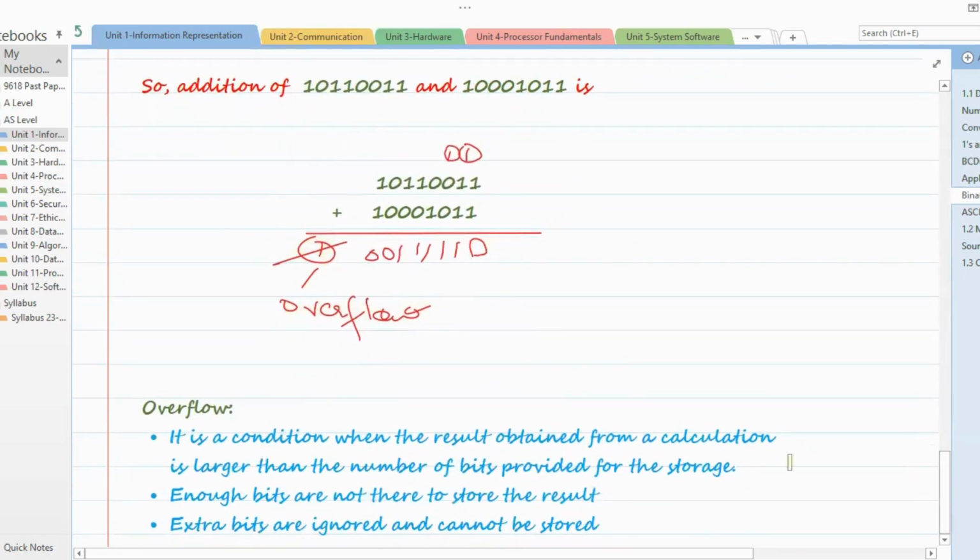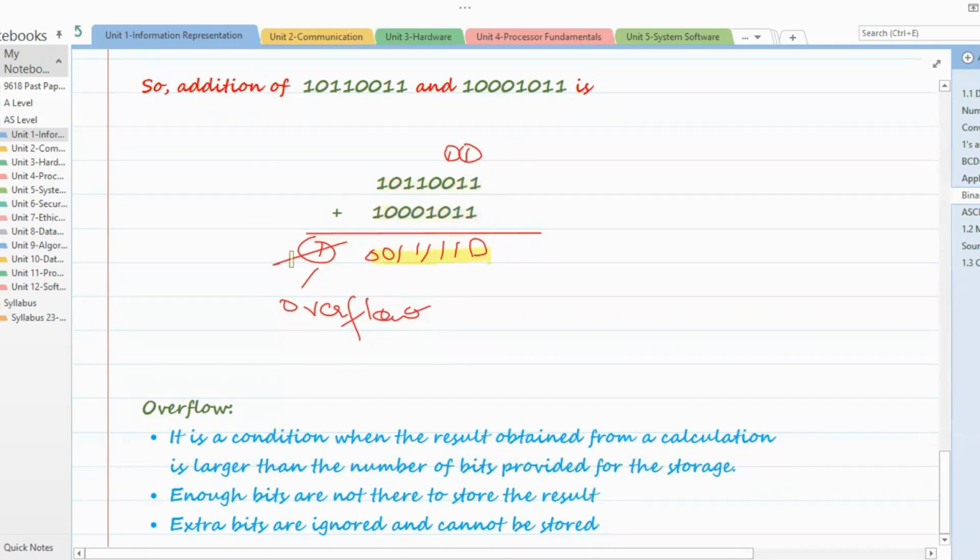So overflow is basically a condition when the result obtained from a calculation is larger than the number of bits provided for the storage. Now in this example, this is an 8-bit number, this is an 8-bit number, and you have to store the answer in 8 bits, right?